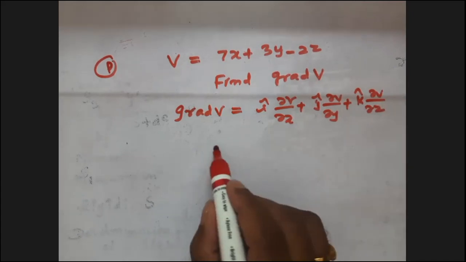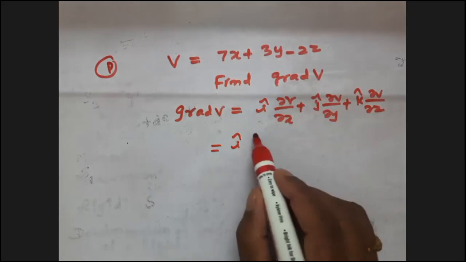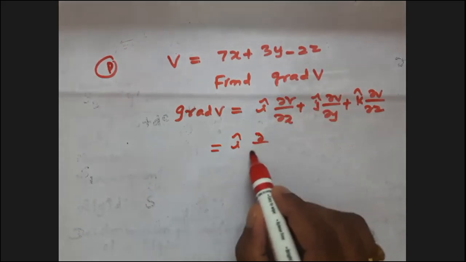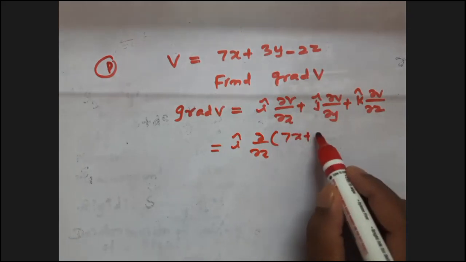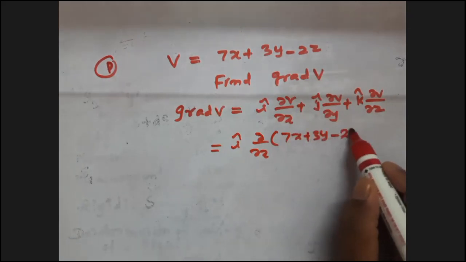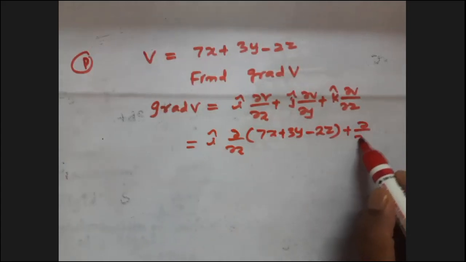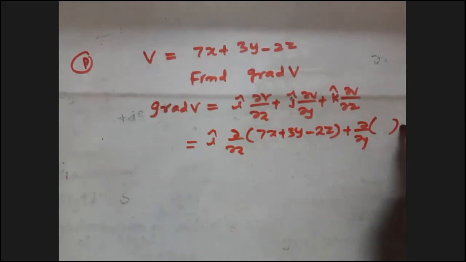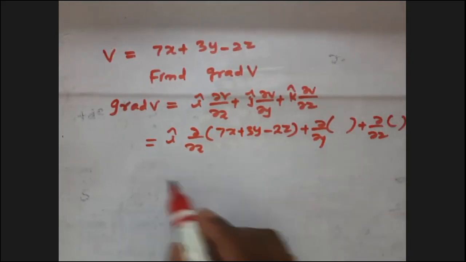So this is equal to i cap dou by dou x of 7x plus 3y minus 2z, plus, directly I am writing, dou by dou y of that plus dou by dou z of V.